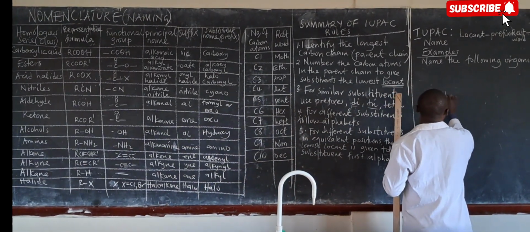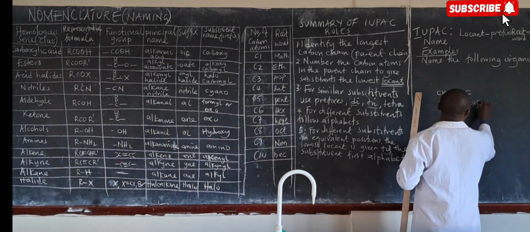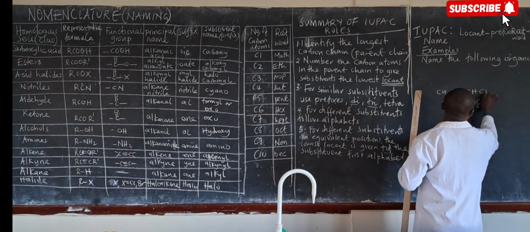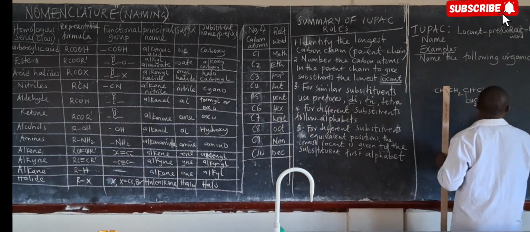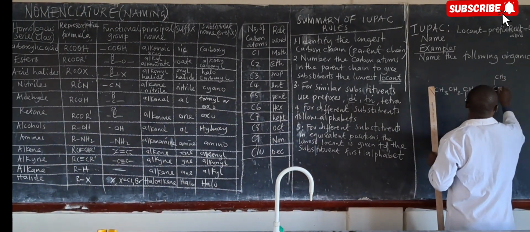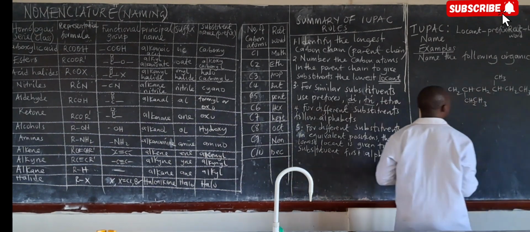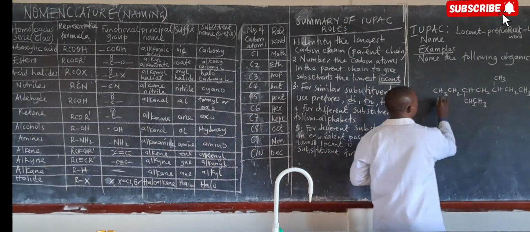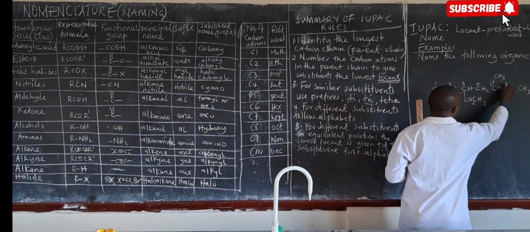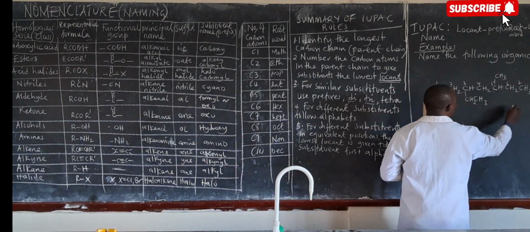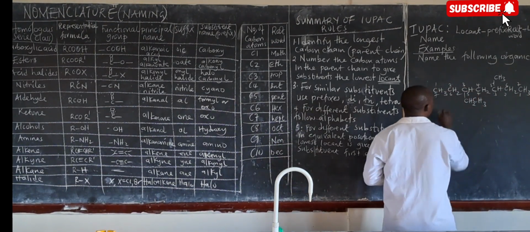Let's try to look into this, see how it takes us. Have it this way. So let's try to see if we number that chain there. So I have 1, 2, 3, 4, 5, 6, 7. 1, 2, 3, 4, 5, 6, 7.